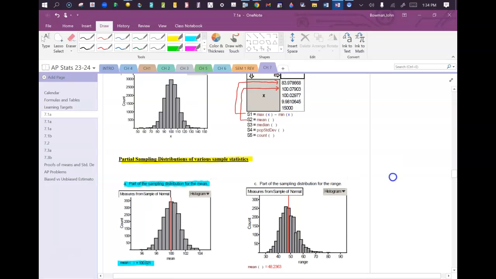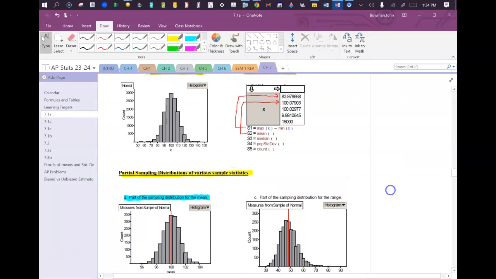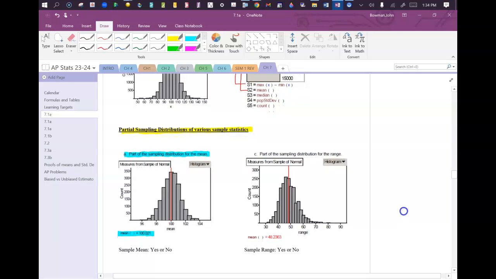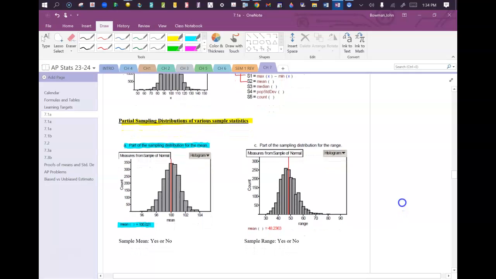We need to go back up to the top and take a look at the population mean. The population mean, 100.08 approximately, is very, very close to the mean of that partial sampling distribution. So does the sample mean appear to be an unbiased estimator of the population mean? Yes.